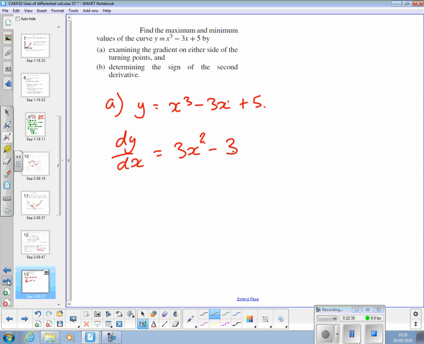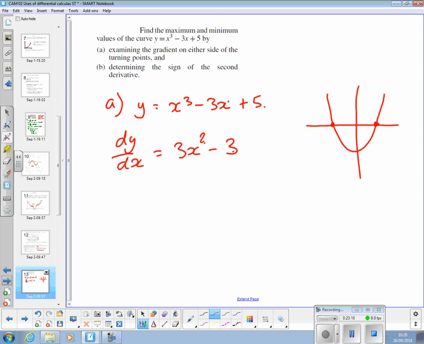So it's going to have either one or two, or no values of x.